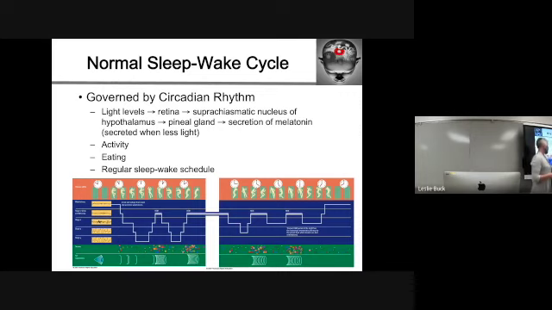And then you're going to cycle back down to deep slow wave, but you're going to spend less time this time around in deep slow wave. As you cycle back up throughout the night, your REM time gets longer and your deep slow wave gets smaller, until by the end of a night, you're not even going down into the deep stages anymore. And these cycles are about every 90 minutes.